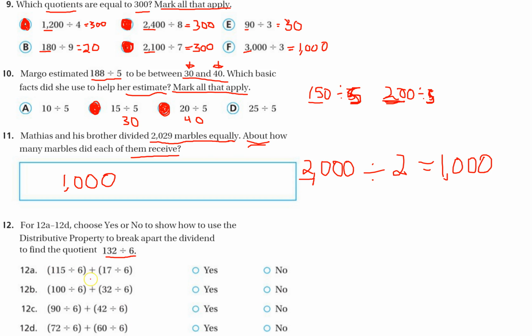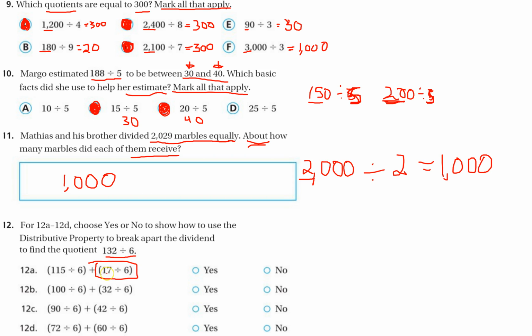So I'm going to look at these numbers and decide, okay, will 6 go into them evenly? Now, I like to look at this side, and the only reason why is because it gives me a smaller number. It's going to be hard for me to check if 6 goes into 115 evenly. But it's going to be really simple for me to check if 6 goes into 17 evenly.